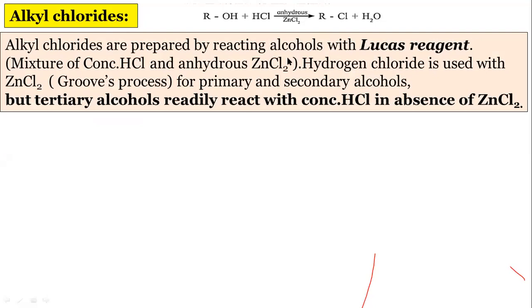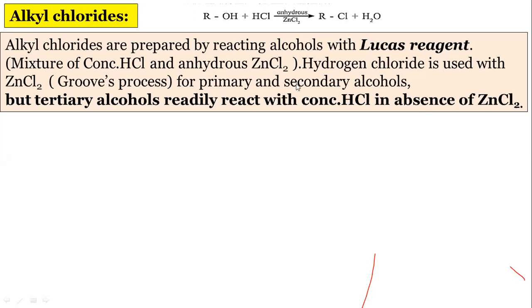The combination of concentrated HCl and anhydrous ZnCl2, this specific combination is called Lucas reagent. Remember the name. This may be asked in your exam. What is meant by Lucas reagent, for 1 mark or MCQ? Alkyl chlorides are prepared by using alcohols with Lucas reagent. Lucas reagent is the mixture of concentrated HCl and anhydrous ZnCl2.